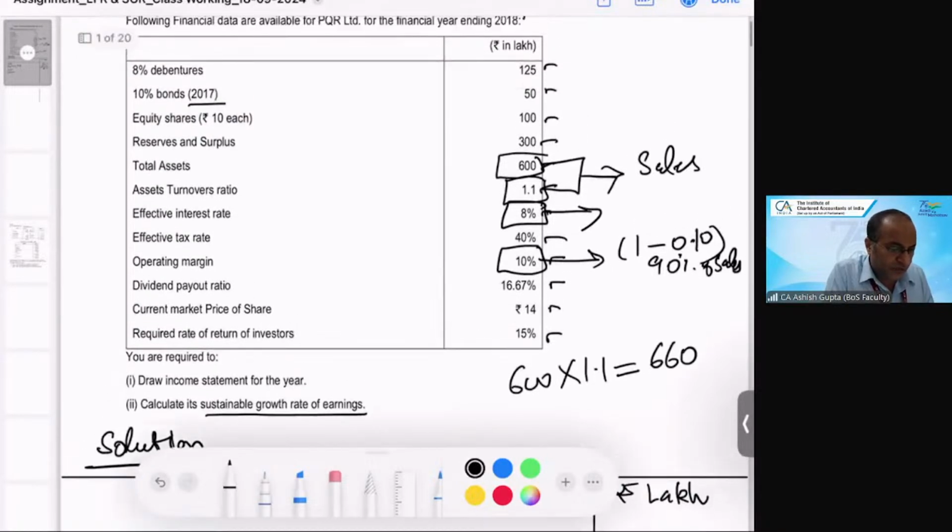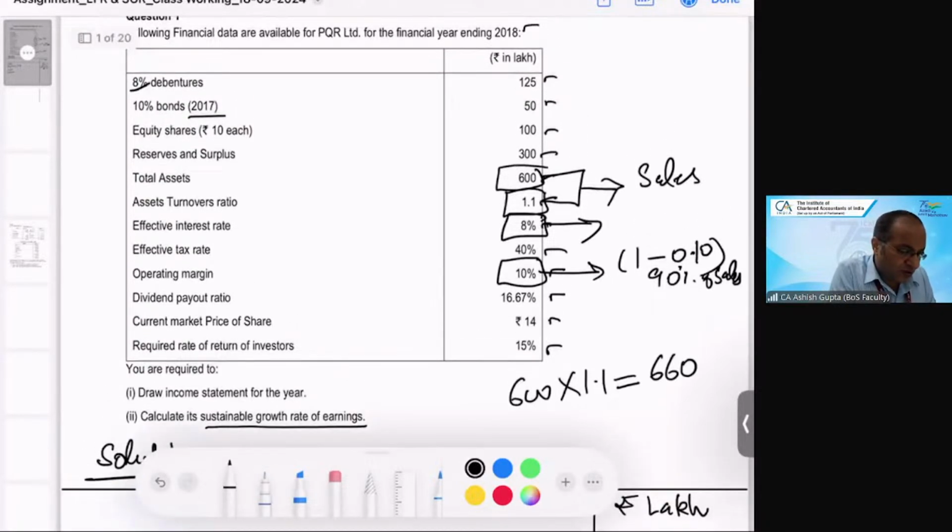You will say, sir, for the bond there is no issue because we have been given the figure of 8%. But a question comes: we have been given the issue figure of 10%. So please note that we will consider only 8% for the overall amount. The total amount comes to 175. We shall take 8% of the same.